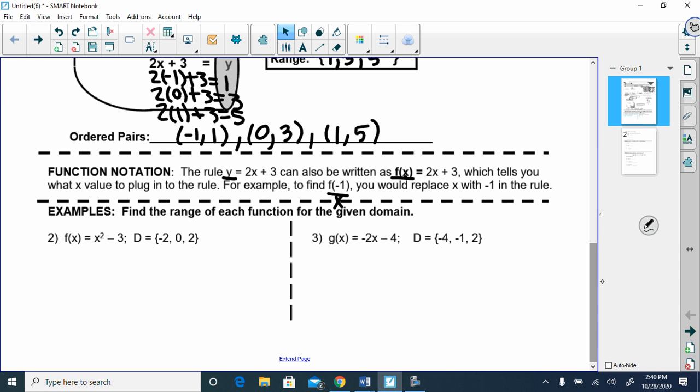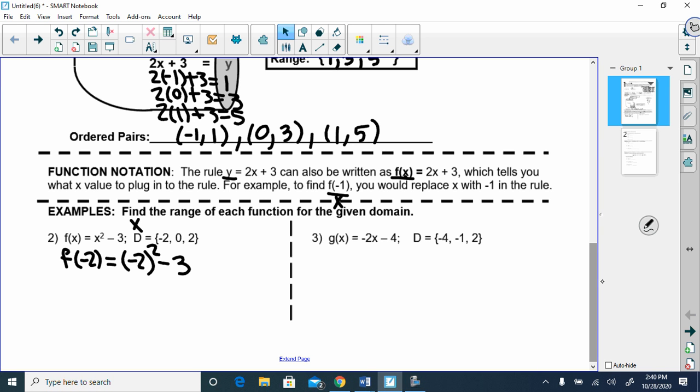So domain is my what values, x or y? X. So that means anywhere there's an x, I'm going to start replacing it with these numbers here. So starting here, f, but instead of x, I'm going to plug in -2 equals, instead of x squared, again, I'm going to put in that -2 squared, and then we have -3.